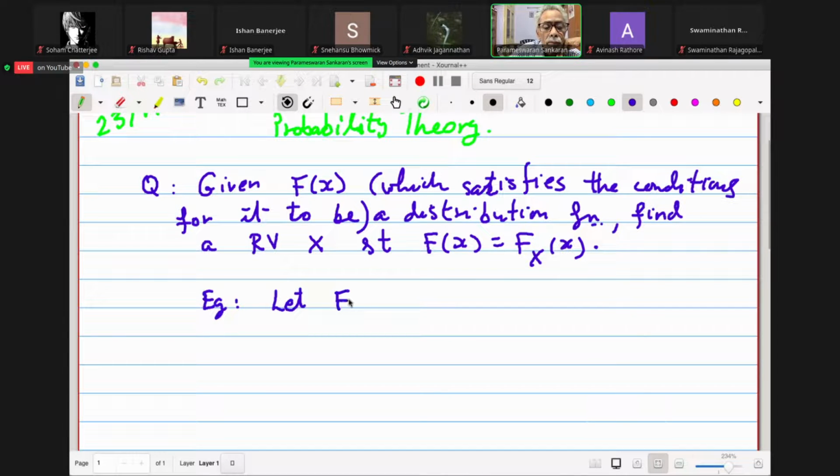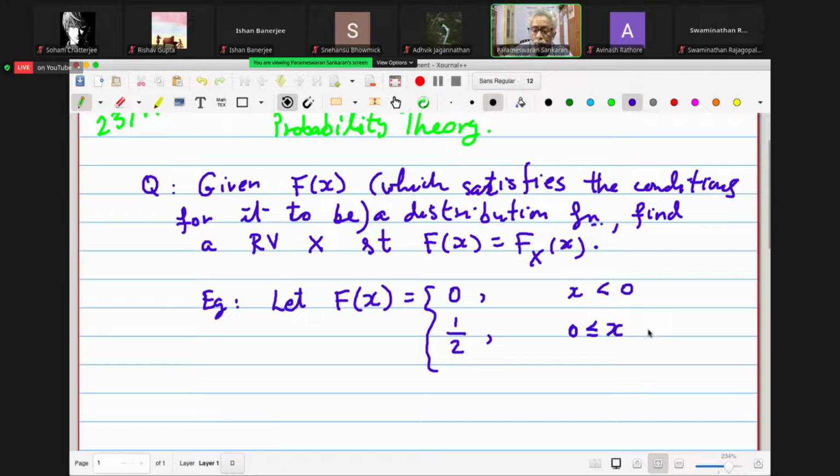So suppose that, I just work out an example. Let F of x be defined as, so just let me write here. I'll take a fairly simple looking function. So if x is less than 0 it is 0, and it is half if 0 is less than or equal to x.